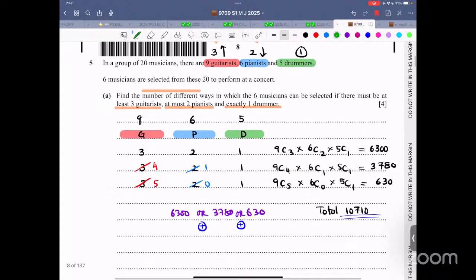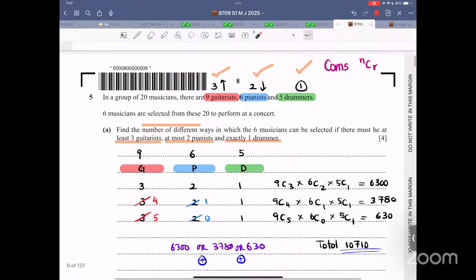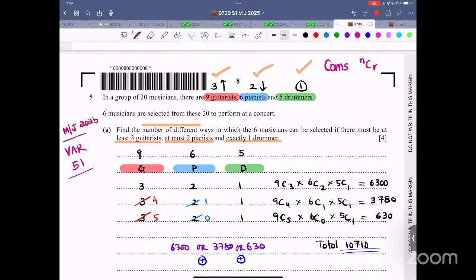Now, keep in mind, people, that what we are doing right now is variant 5.1 of May, June 2025. And this question number 5 is a very classic question.